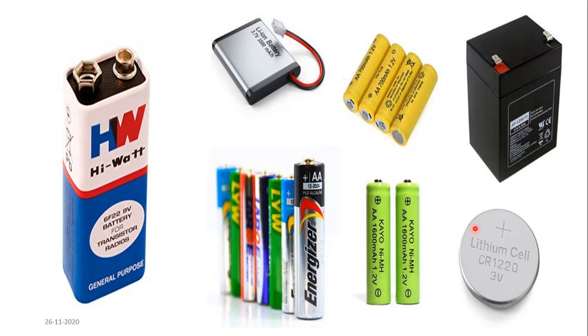In mobile, calculator, watches, automobiles, we use all these batteries. And how these batteries work, what is the function of this battery, which chemicals are present inside these batteries, how this chemical energy is converted into electrical energy, that we are going to study in this topic.